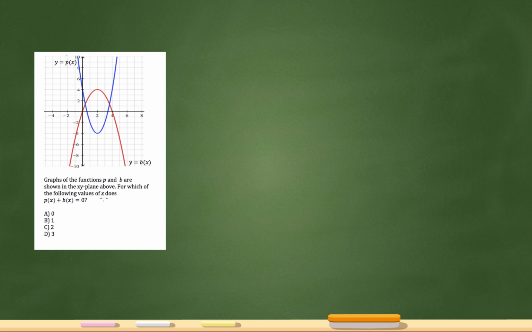So it's saying for which of the following values of x, which has to be one of these answer choices, either 0, 1, 2, or 3. So for example, A would be p of 0 plus b of 0 equals 0. Let me write this down. So according to answer choice A, which is 0, p of 0 plus b of 0 equals 0.